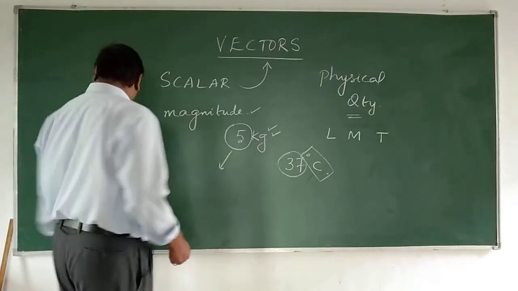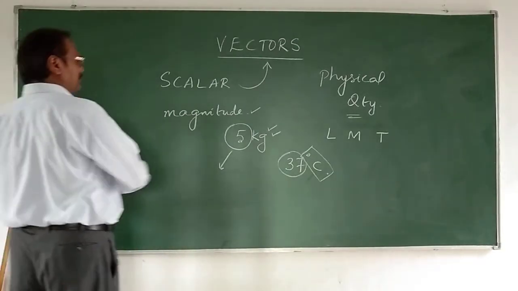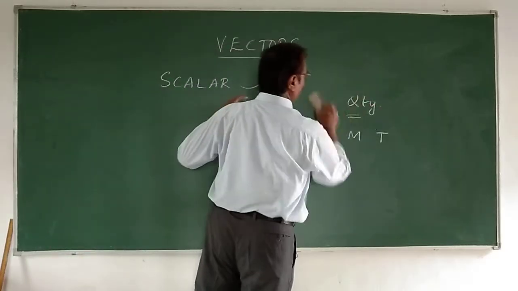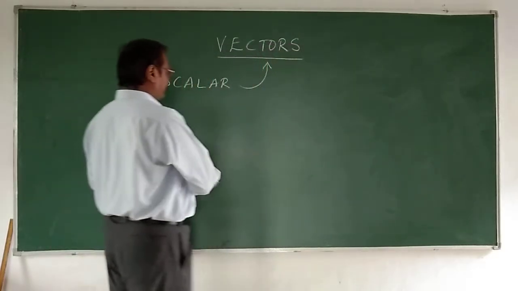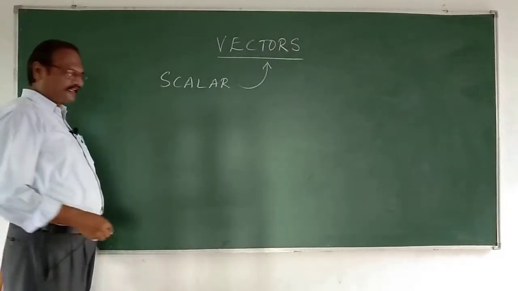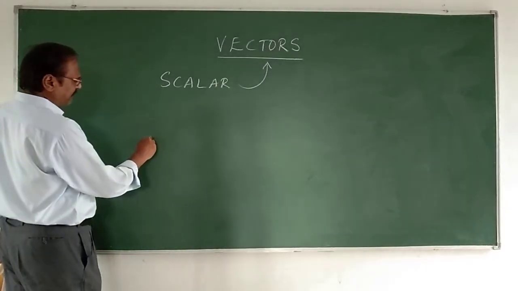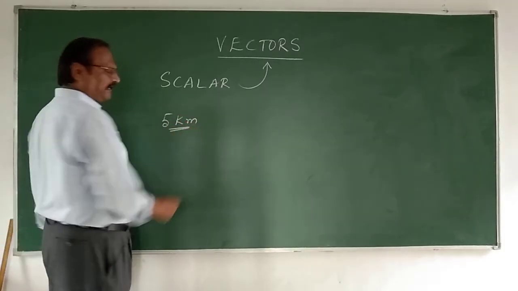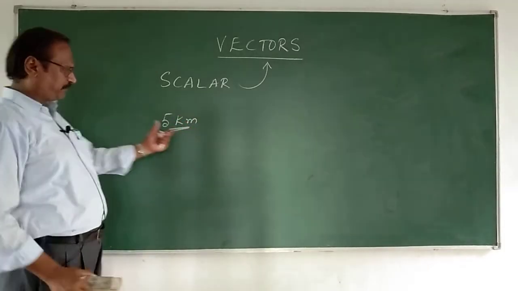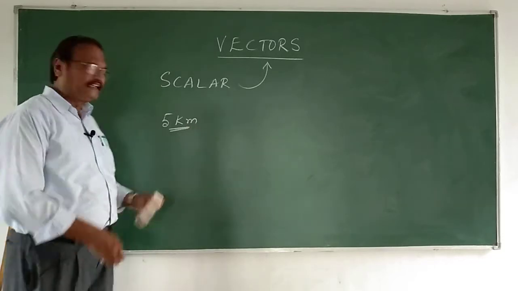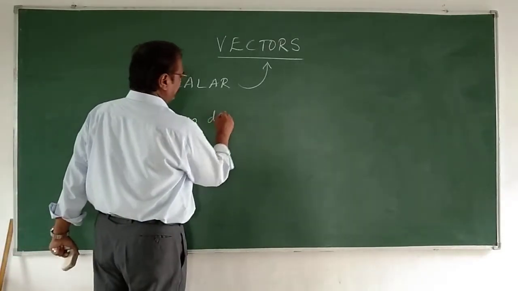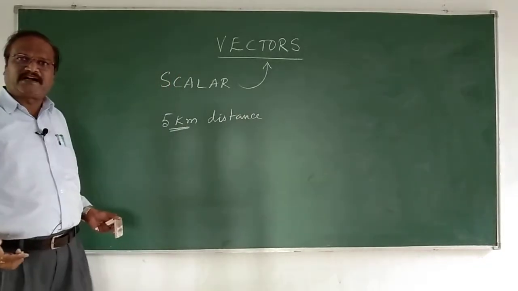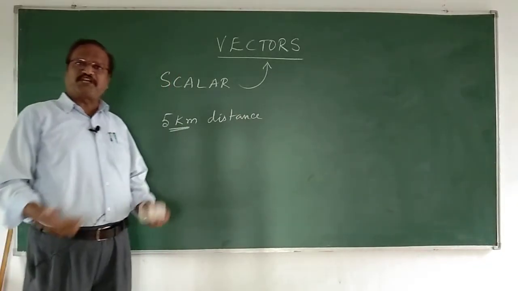For example, when I take distance, right? Now, I am going to talk about distance as a physical quantity, which we learned in the previous lesson. Let us say 5 kilometer distance. I walk every day 5 kilometer. That is distance. I may walk 5 kilometer in Delhi or in Mumbai or in Chennai.